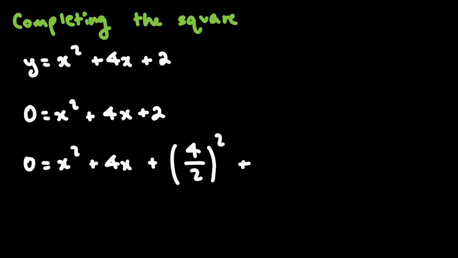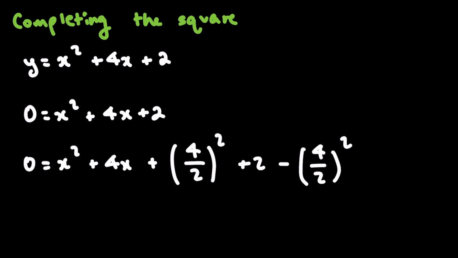Now I can copy down the plus 2 from before, but you can see these two lines are not the same. I've just changed my equation. So I'm going to minus away 4 over 2 squared.